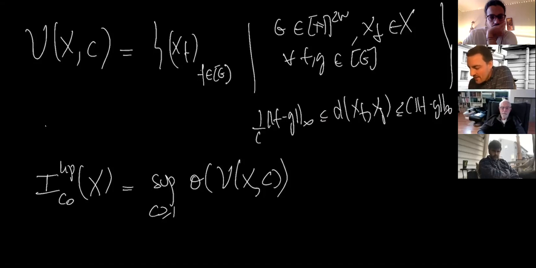You have to check that if this index is at least omega 1, then you have a bi-Lipschitz copy of c0 in it. It's a little more difficult, but not that much to show.